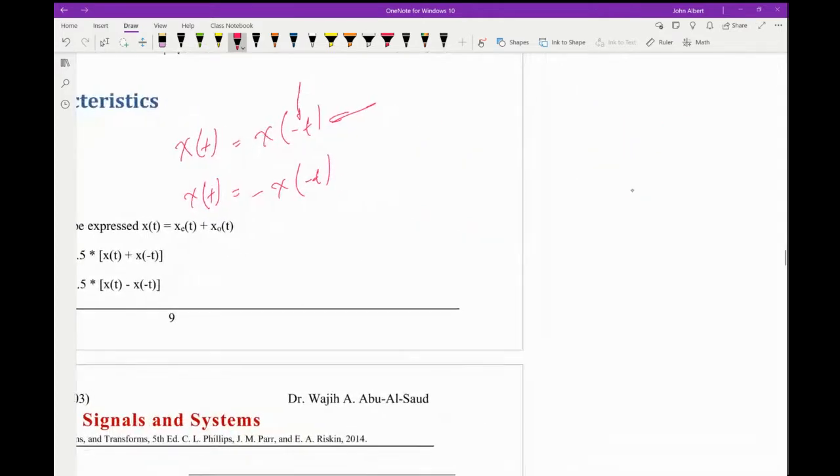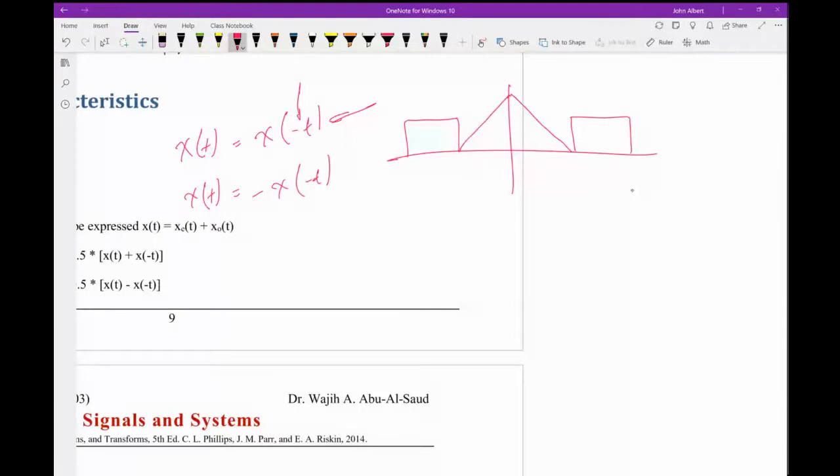Even functions will always look like this. For example, I can maybe sketch. This is an even function. Whatever you have to the right is similar to whatever you have to the left. An odd function, on the other hand, will always look like this. I don't mean that it always has a triangle and a rectangle, but I'm talking about the feature in the odd function that makes it odd.